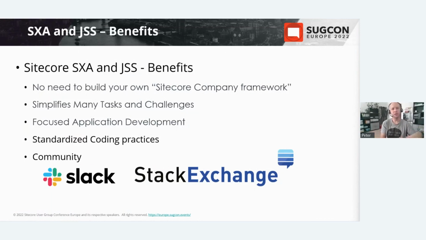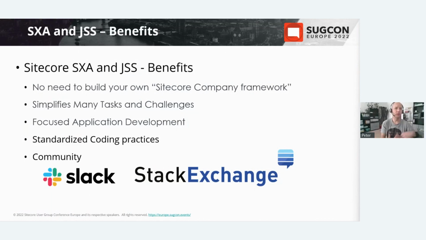So I would say SXA and JSS were created using some best practices for how to do Sitecore development, either Sitecore MVC, that's for SXA, or the headless development for JSS. I think Sitecore knew what to do.